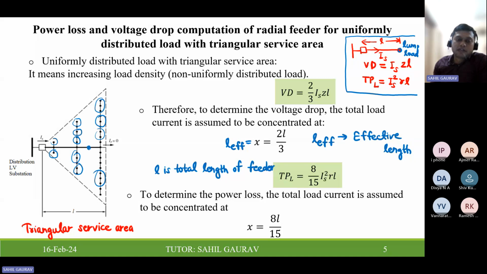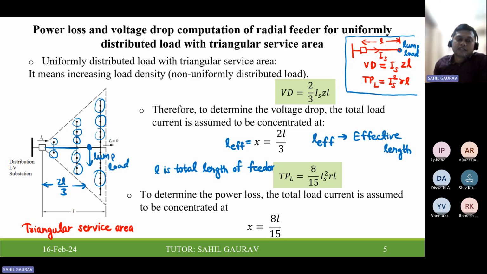Like suppose here you have provided all these loads that are uniformly distributed. Now we have just a single load, that is lump load, at a distance of 2L upon 3. Here only all the loads are connected. This you can say as lump load, and you have removed all the loads.